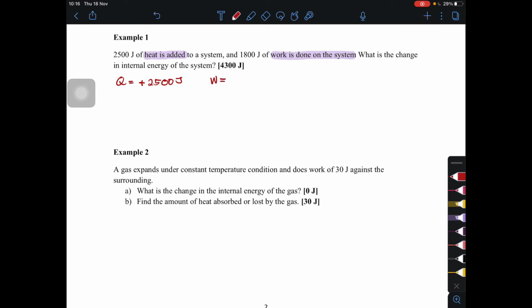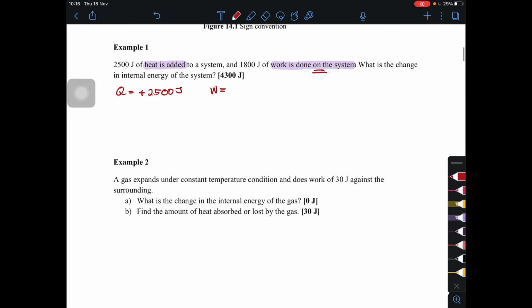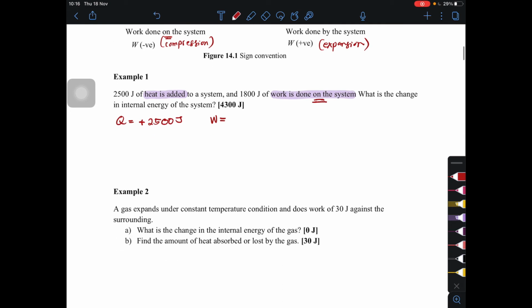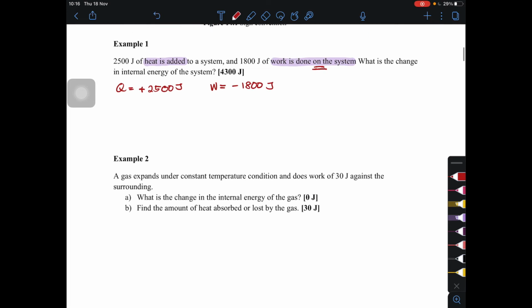Work is done on the system, so work will be negative 1800 joule. What we want here is the change in internal energy. So delta U will be equal to Q minus W. We must substitute with the sign convention. Delta U will be equal to 4300 joule.